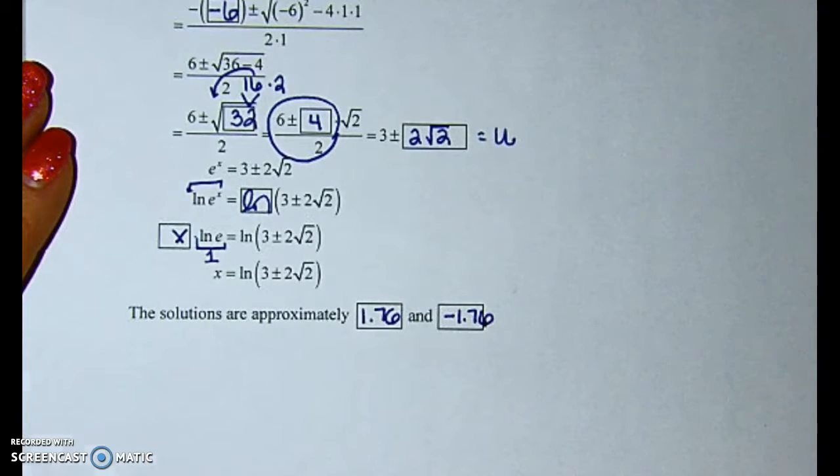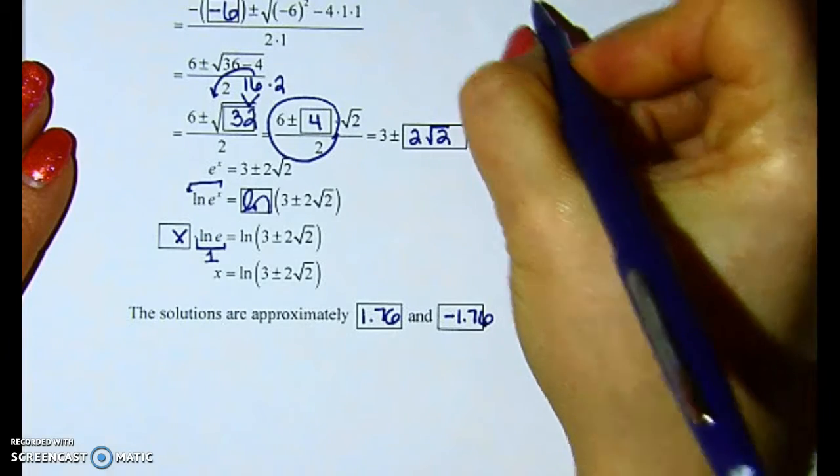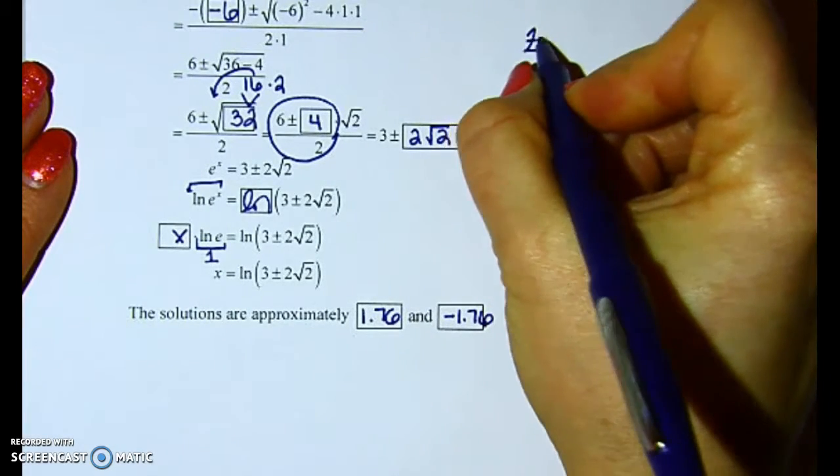If I wanted to solve this graphically, since it's already set equal to 0, we could use the zero graphing method.